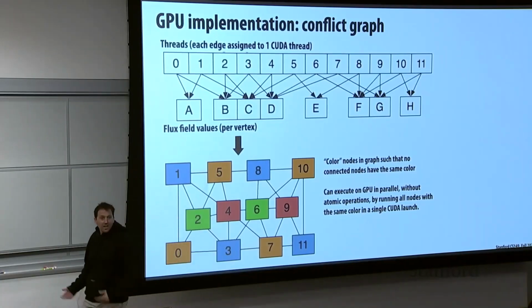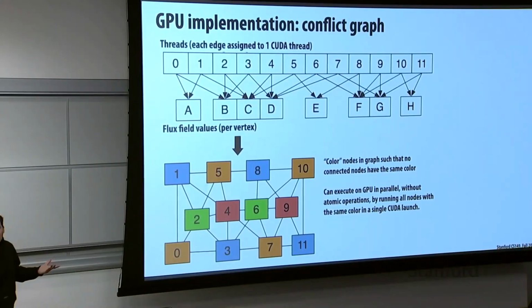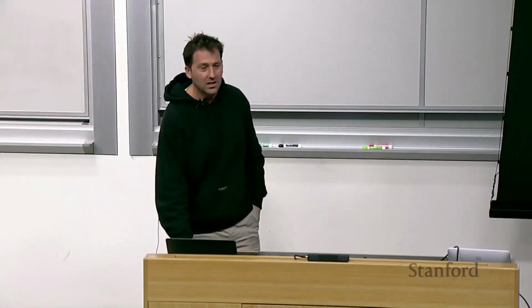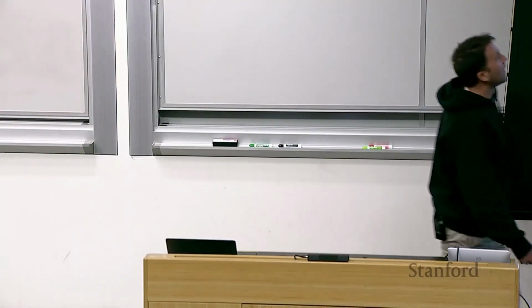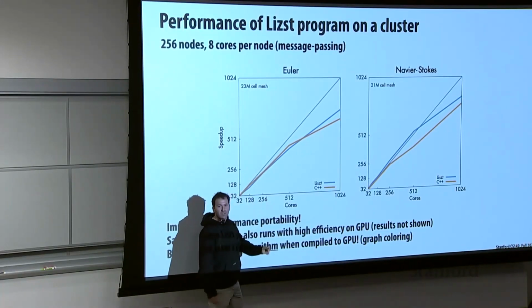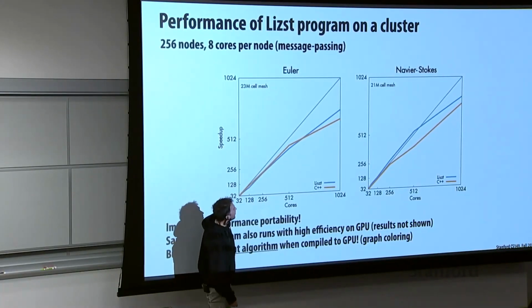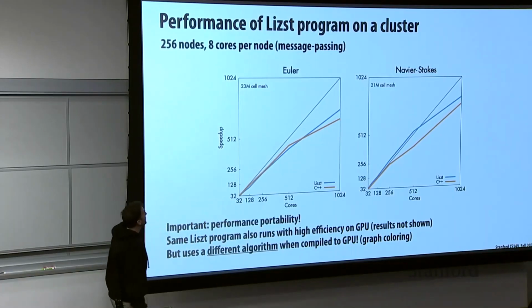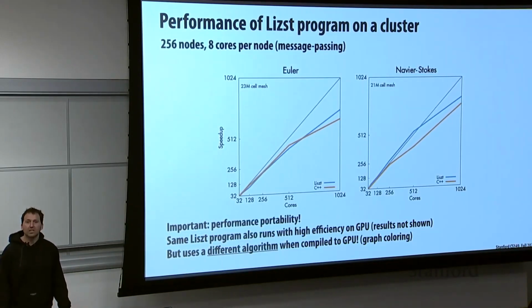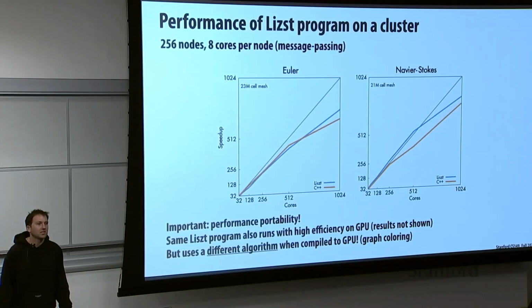And they show that the same Liszt program, which the folks in mechanical engineering don't have to take 149 to write, can run on a cluster, or run with this many cores, or, though I'm not showing you here, run on the GPU, and without any modifications, they got pretty good performance in all of those cases.